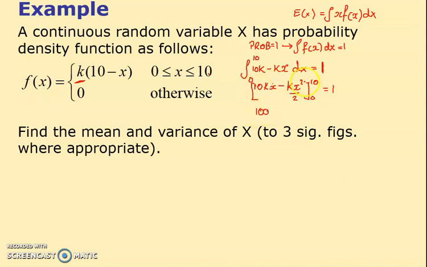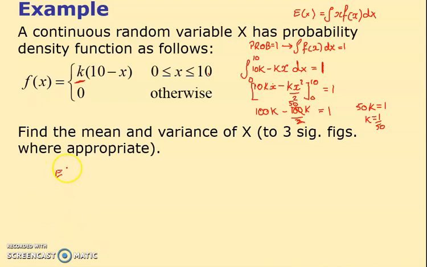Remember, the 10 is the x. And if I put it here, I get 100k over 2, which is, of course, 50k. And that equals 1. So that means I've got 50k equal to 1, and therefore k is a 50th. So at least I know now what k is.